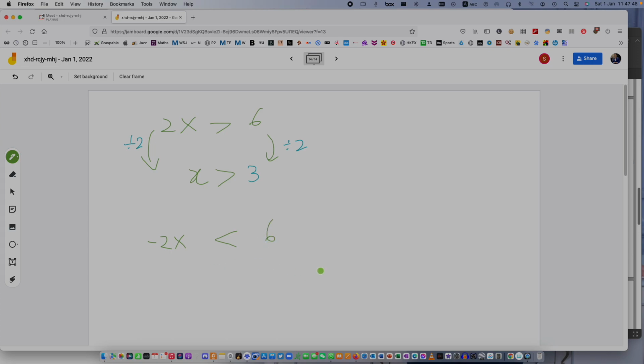How do you do this? I change it to minus 2x.